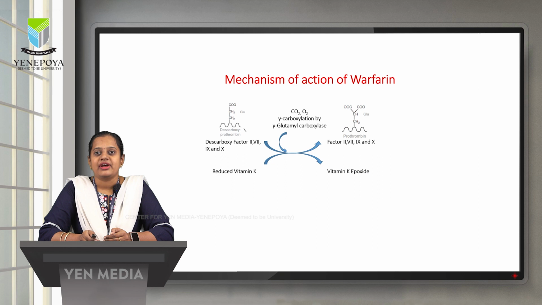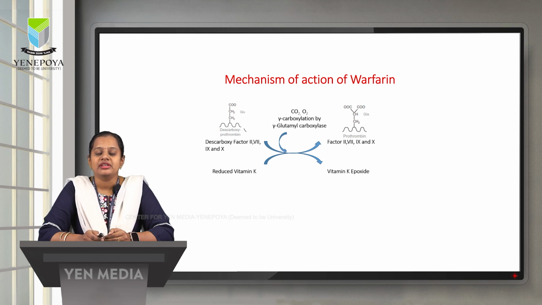You can see this is factor 2, prothrombin. It now contains 2 carboxylic groups when compared to hypofunctional factors, which contain only one COOH group. And these factors will be carboxylated in the presence of vitamin K, that is in the reduced form.